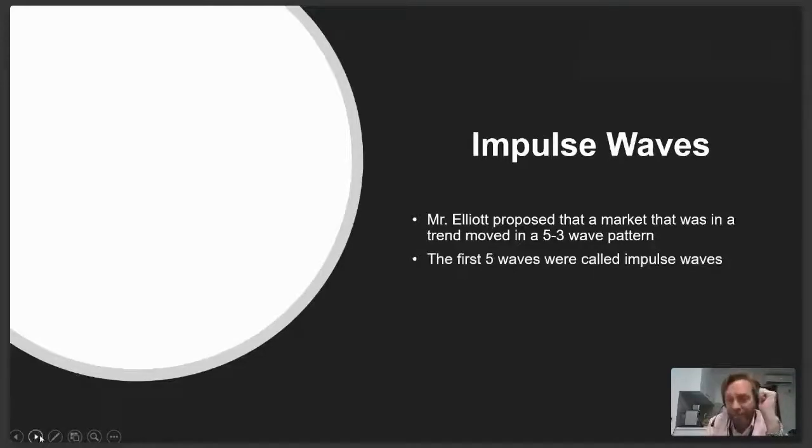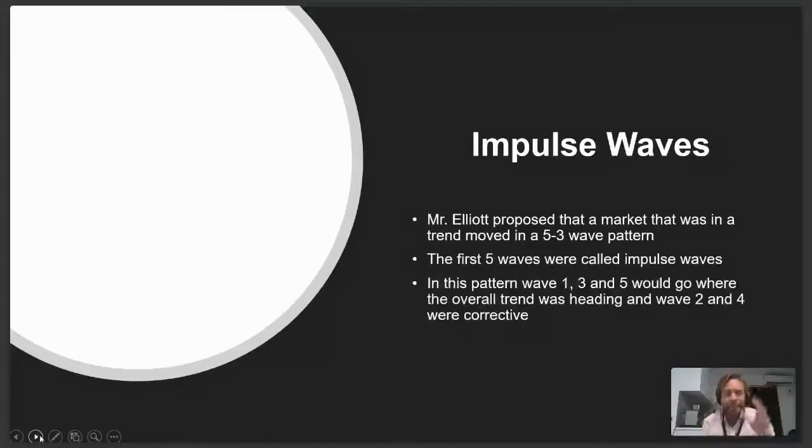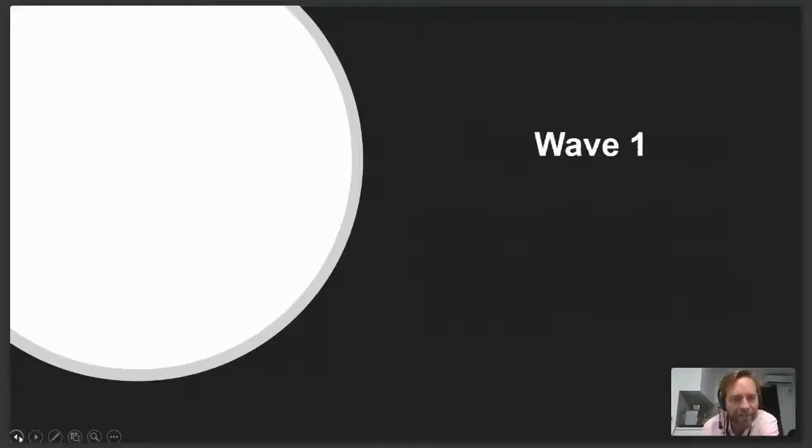The first 5 waves were called impulse waves. In this pattern, wave 1, wave 3, and wave 5 would go where the overall trend was heading. But wave 2 and wave 4 were corrective. So a little bit like this.